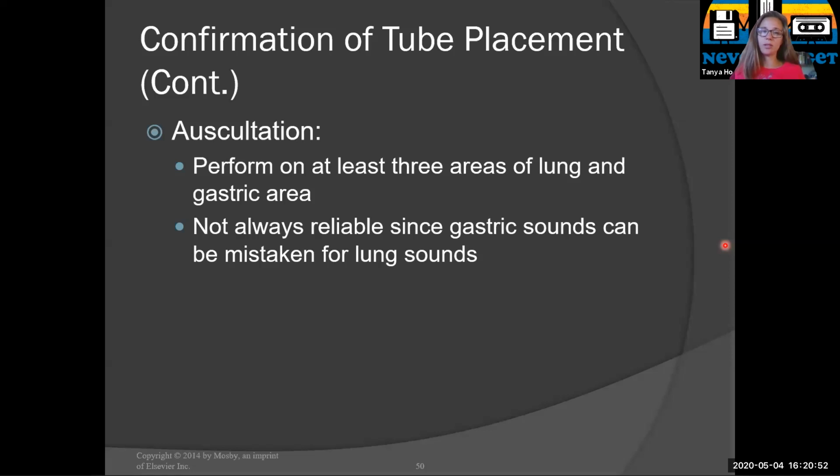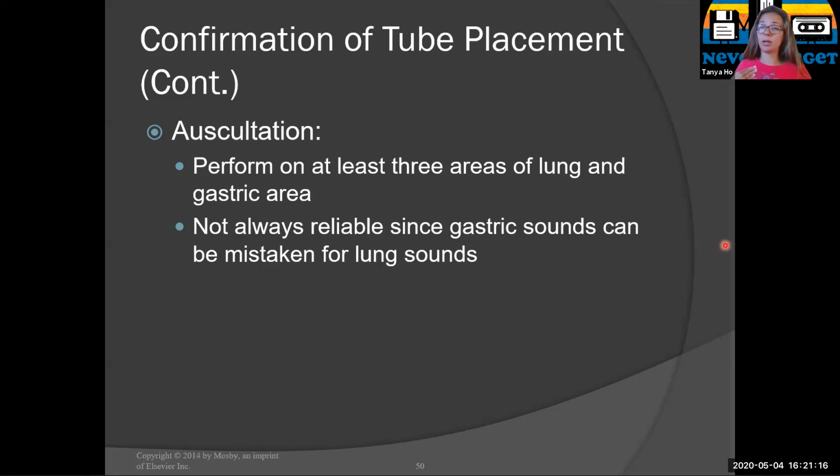Gastric sounds can be mistaken, which is why I say listen over the stomach first. You'll say, I don't see chest rise and I hear it over the tummy. That means it's in the tummy. But if you start up here, you can hear crackles, but what you're hearing is the sound of the tummy being inflated, transmitting up to the lung.